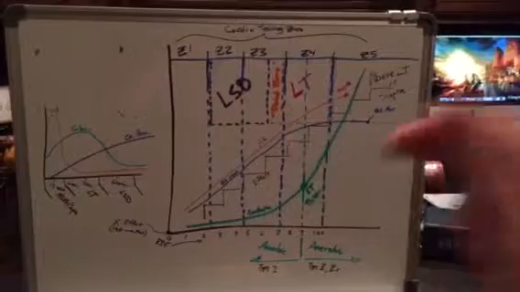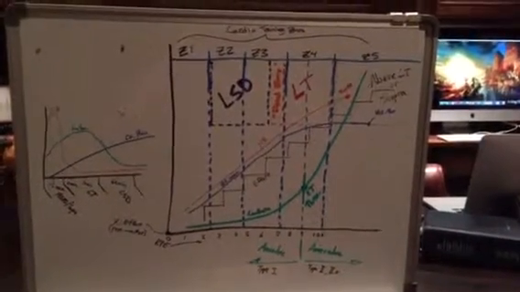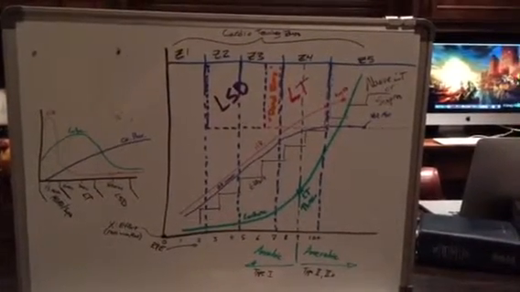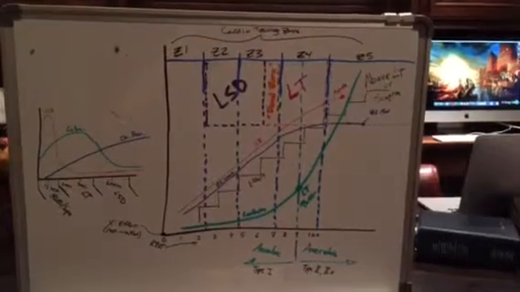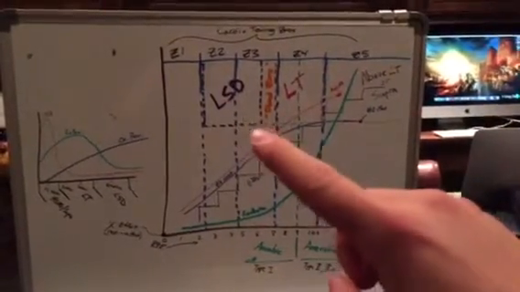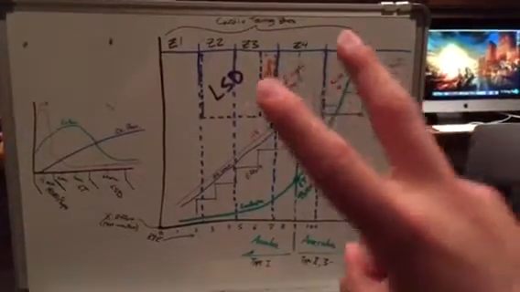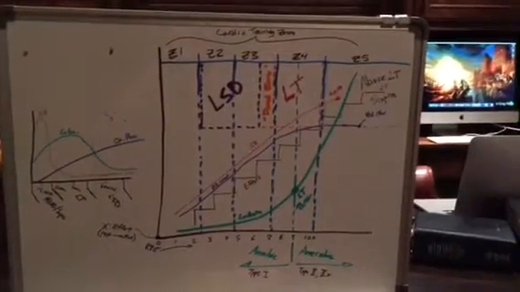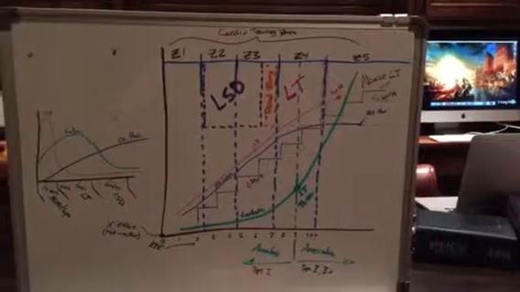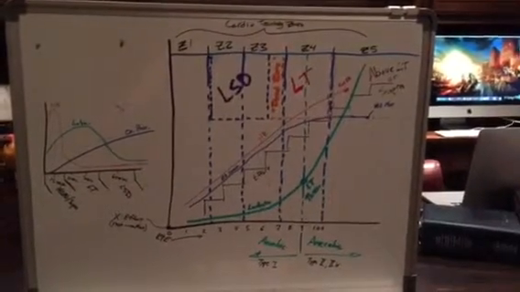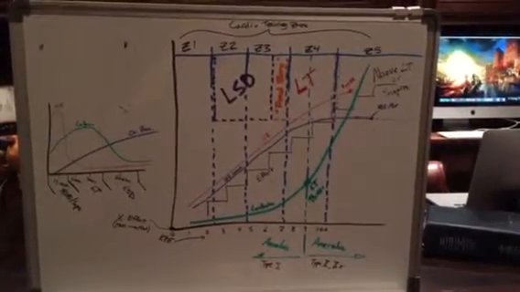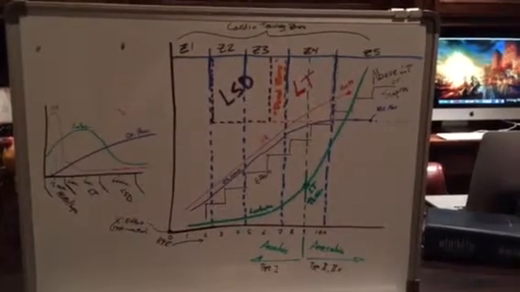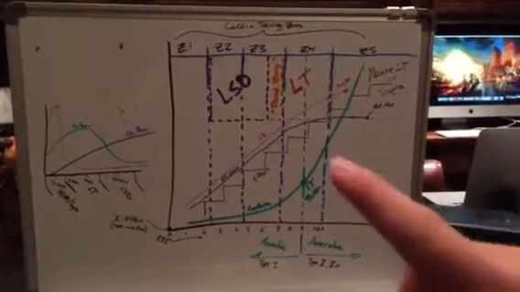This first one is LSD, or long slow distance. It's primarily from the bottom of zone 2 up to the midpoint of zone 3. After the midpoint of zone 3, you have what's called the dead zone, where you don't gain any more added benefits or adaptations, but you do get an increase in caloric burn.